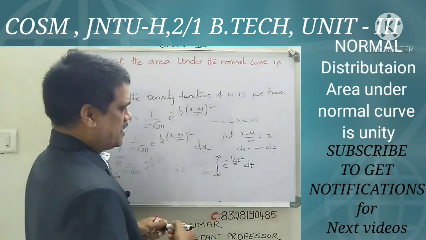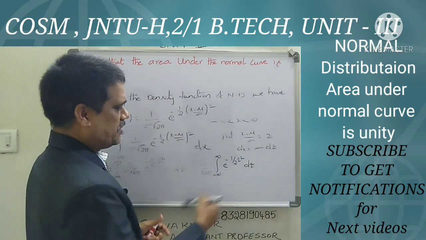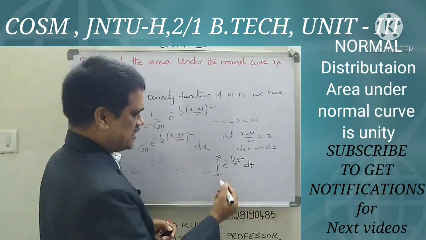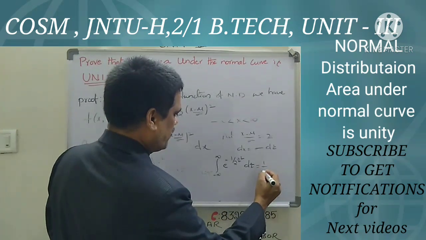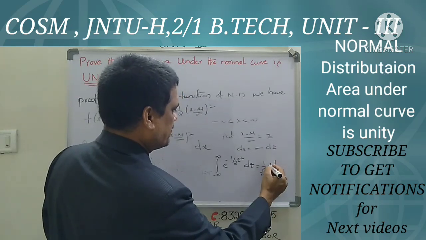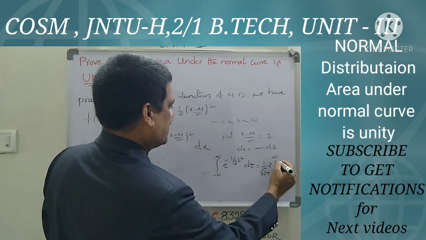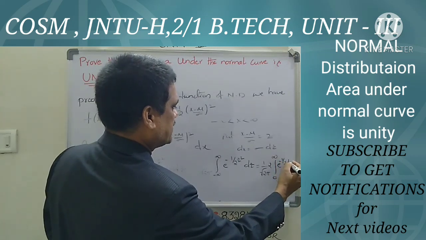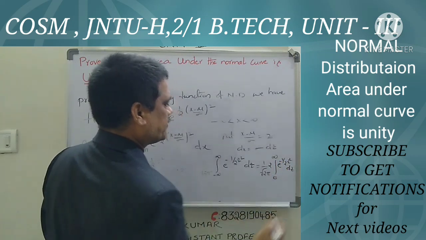This is an even function. So according to the rule of integration, I can write 1 by root 2 pi into 2 times the integral 0 to infinity of e power minus 1 by 2 into z square into dz.